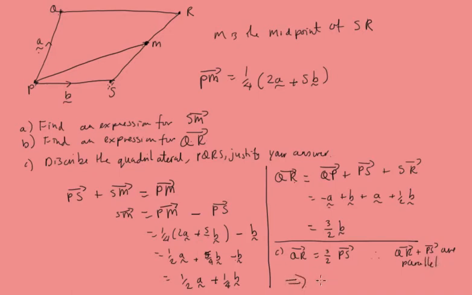Therefore, this implies PQRS is a trapezium, because you've got these two lines which are parallel and these two lines are not, so it's an irregular trapezium.